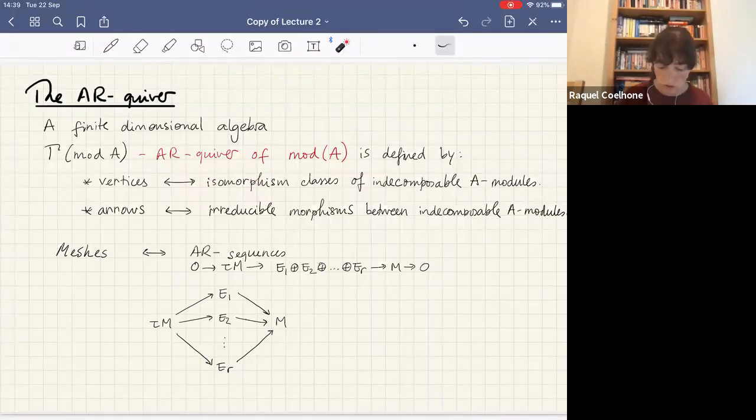So if you have an Auslander-Reiten sequence here, the middle term doesn't have to be indecomposable, but the outer terms are.